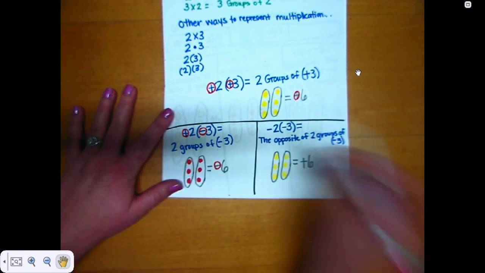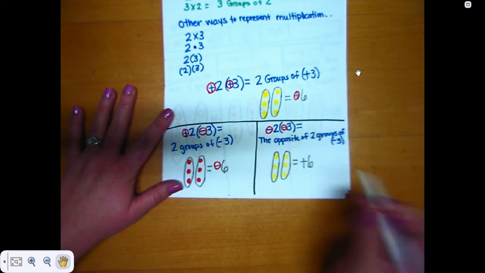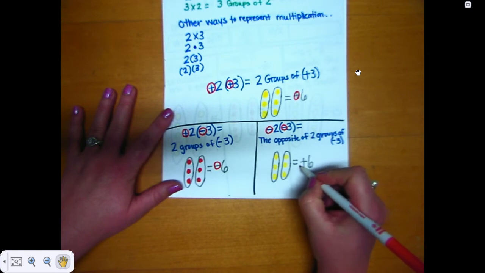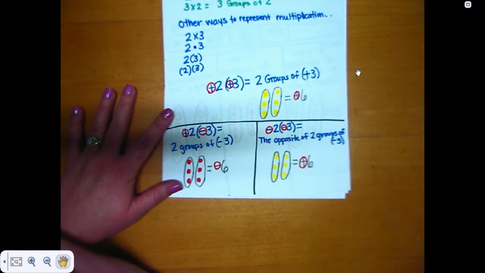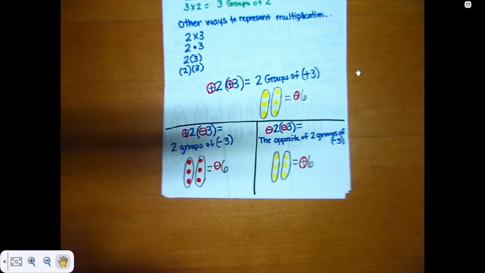And when I multiplied a negative times a negative, I got the opposite, a positive answer. Okay? So let's see if division worked the same way.